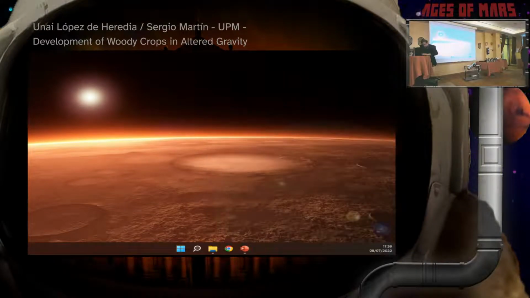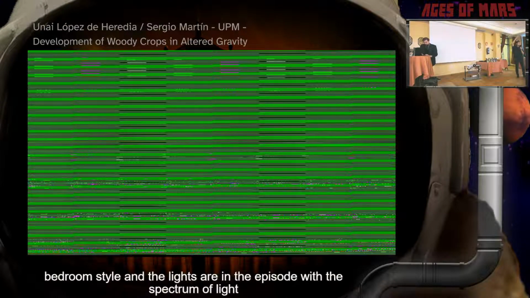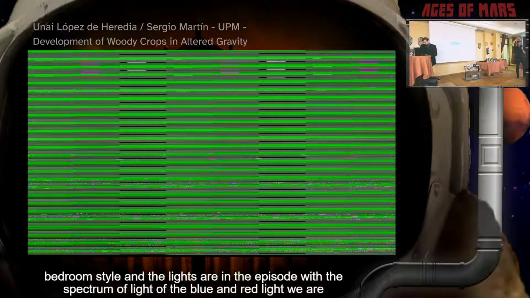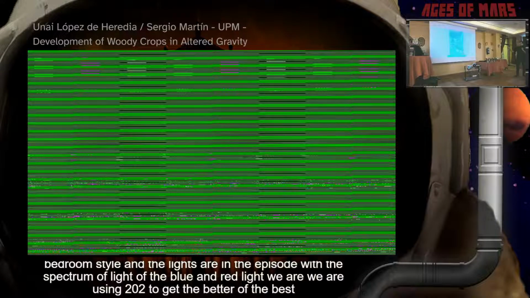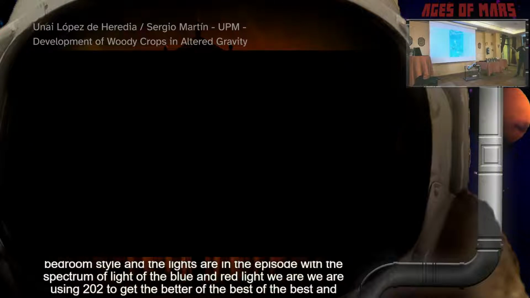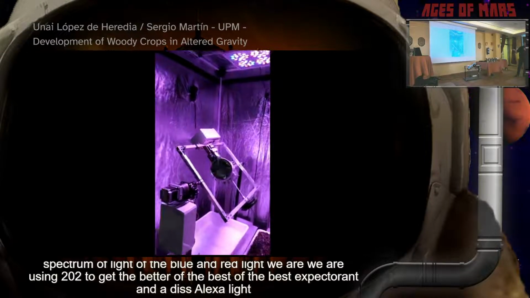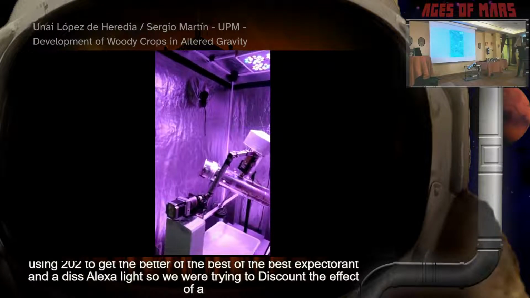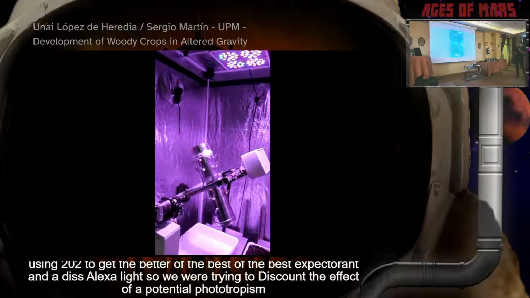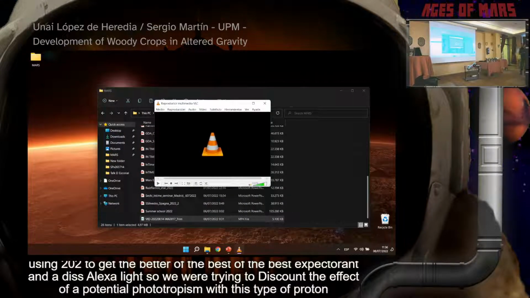So the point is that we installed the lights on the upper side. We can modify the spectrum of the blue and red light we are using to get the best spectrum. And as you can see, it reflects the light. So we were trying to discount the effect of a potential phototropism, and we think that with this type of growth chamber, we can do it.